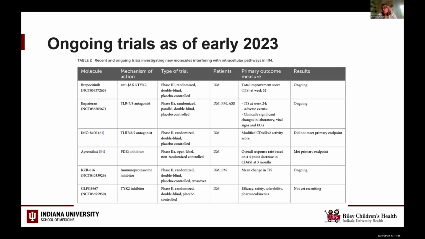The table here depicts the ongoing clinical trials as of March 2023, looking at multiple agents targeting various portions of the immune system. You could see 2 ongoing trials looking at JAK-STAT targets, and the one that says not yet recruiting started recruiting in May of 2023.